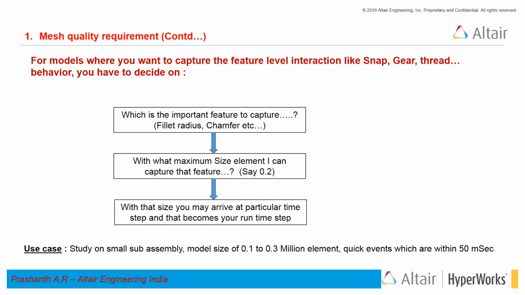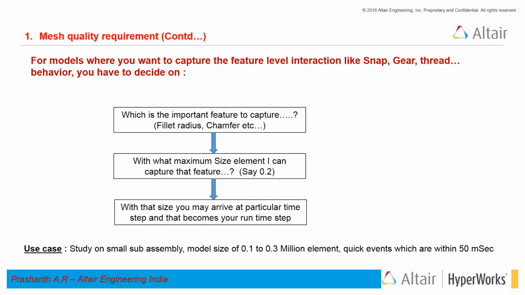We expect the event to finish in a span of say 50 milliseconds. If you take the example of a mobile phone drop test, the event may finish in maybe 5 milliseconds. Since the event time is small, we can afford to use elements of smaller time step. So in those cases, it is okay.